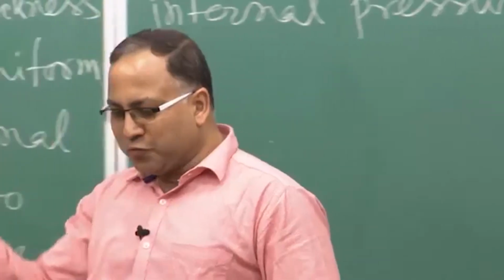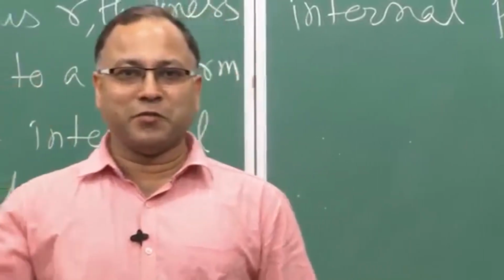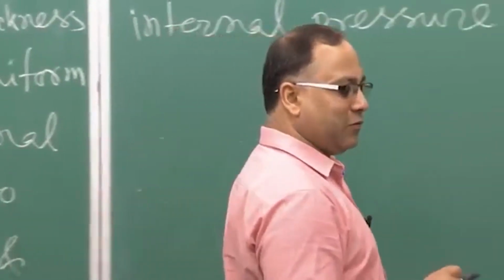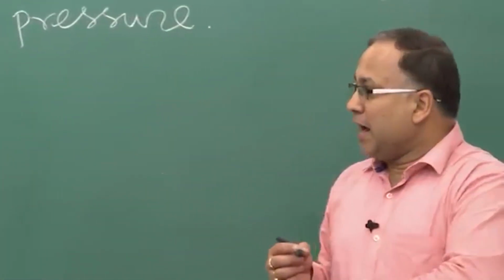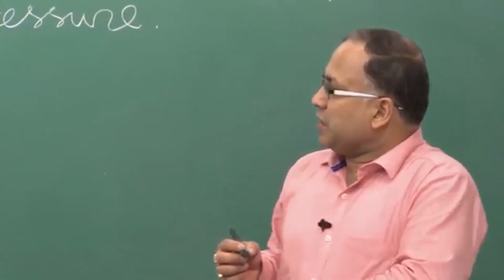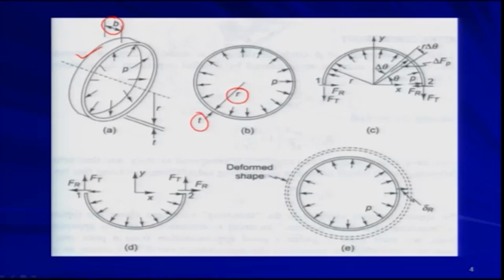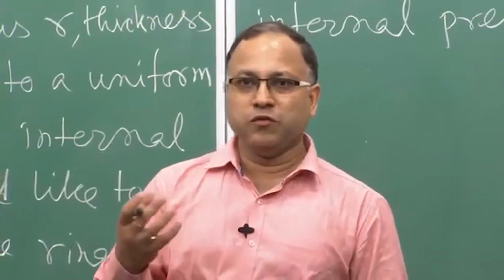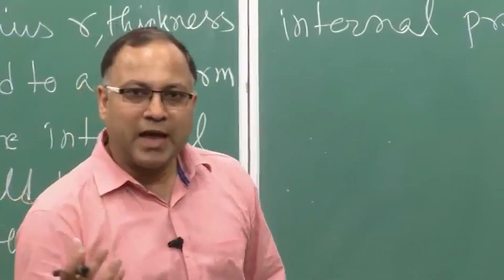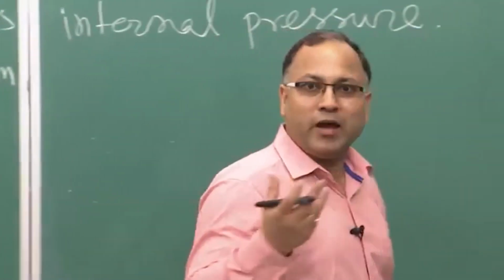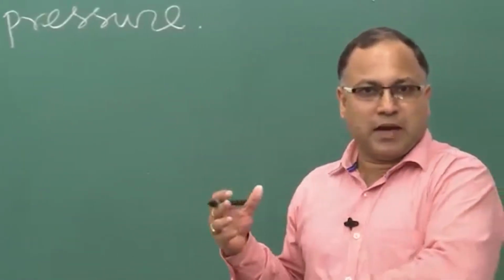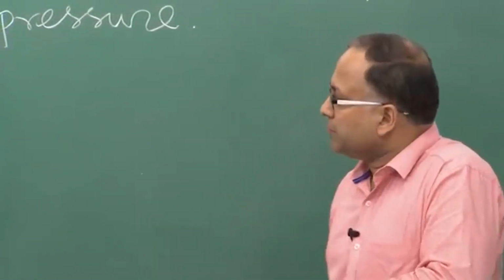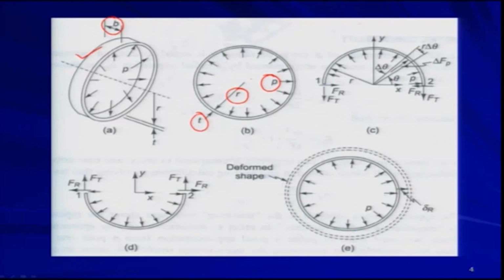You can think of some wheel or that kind of thing, a very thin wheel, and that is subjected to a uniform internal pressure P. Suppose this ring is subjected to internal pressure due to fluid or gas or oil, uniform pressure all round over the entire internal surface as shown in the figure.